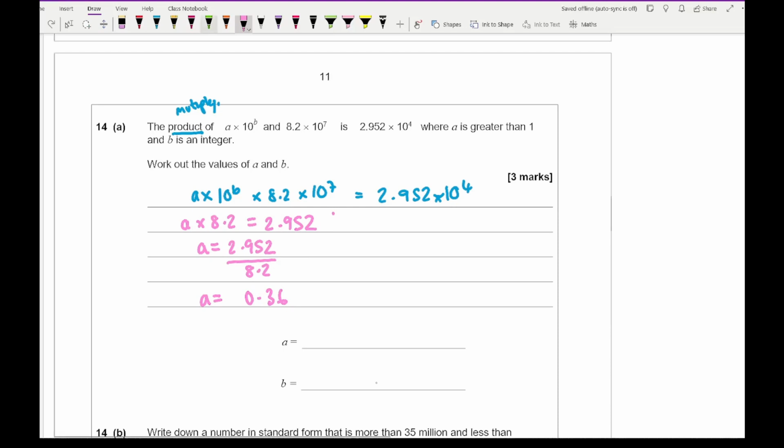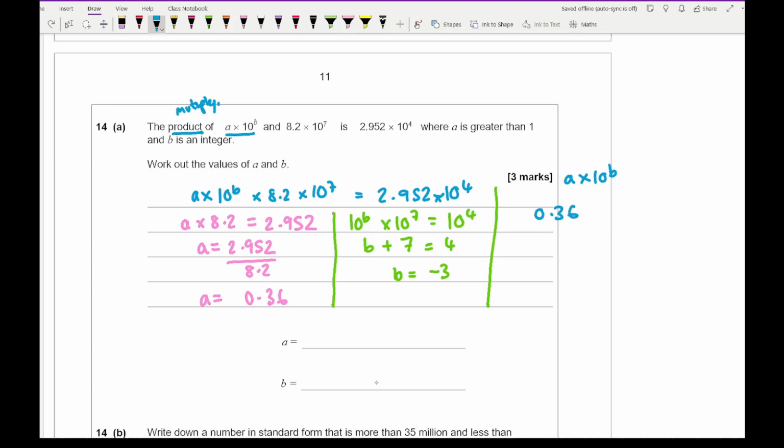Then moving on to b, well, I've got 10 to the power of b times 10 to the power of 7 equals 10 to the power of 4. So b plus 7, because we add the powers, equals 4, so b equals minus 3. Then substituting it back in, a times 10 to the power of b, I get 0.36 times 10 to the power of minus 3.